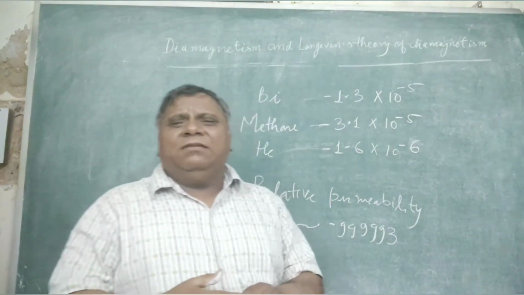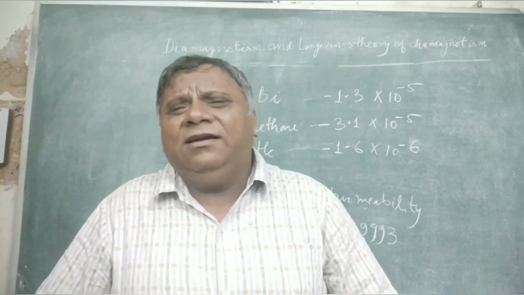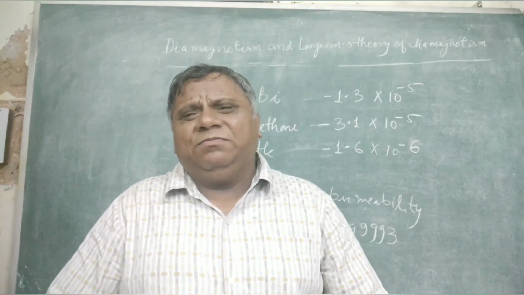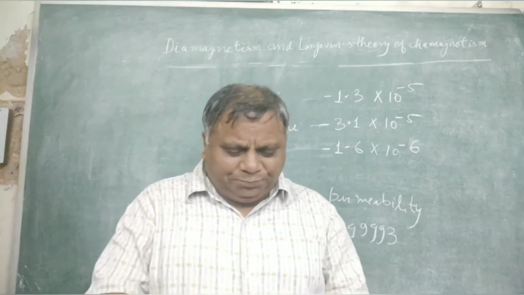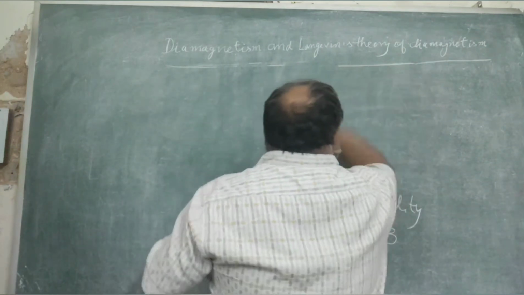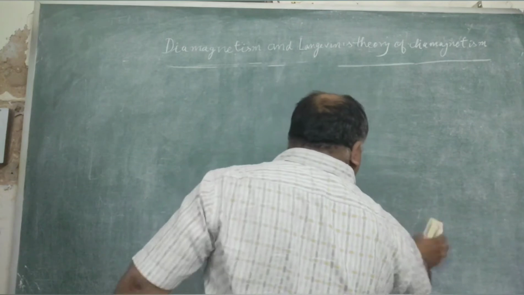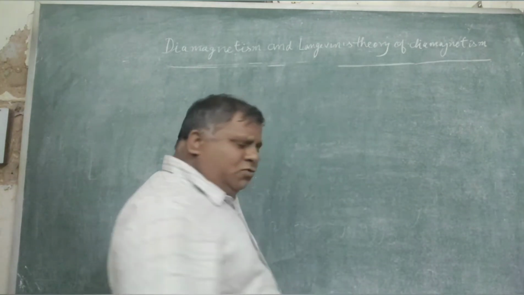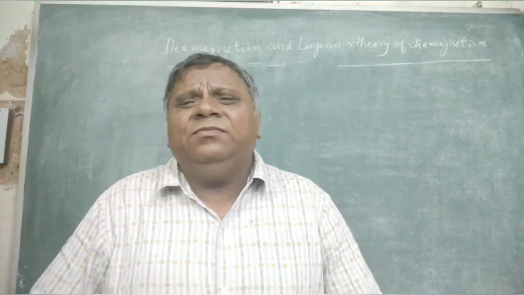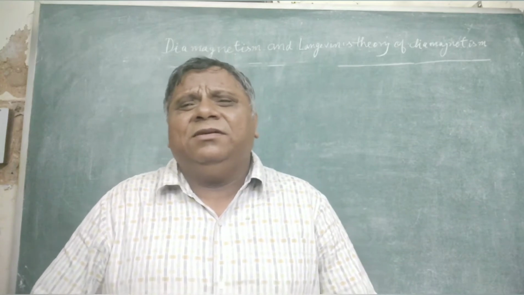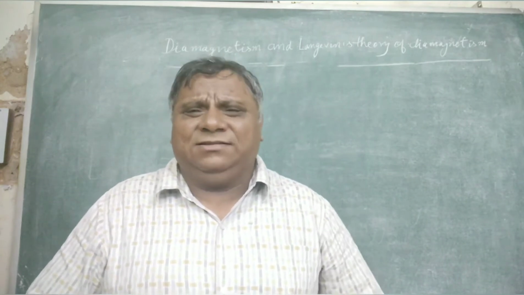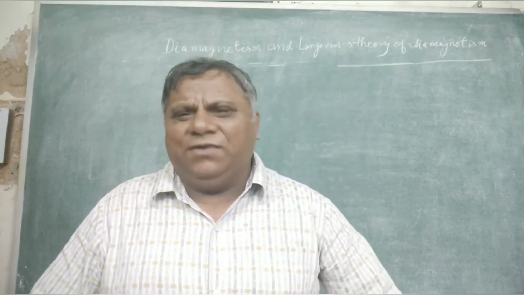So, susceptibility is generally of the order of 10 to the power minus 6, and permeability is less than 1. One thing to be noted is that diamagnetism is normally exhibited by atoms or molecules which have a closed shell structure. That is, shells are filled.